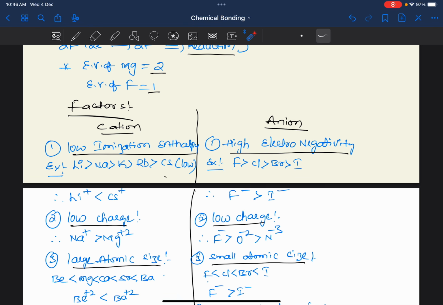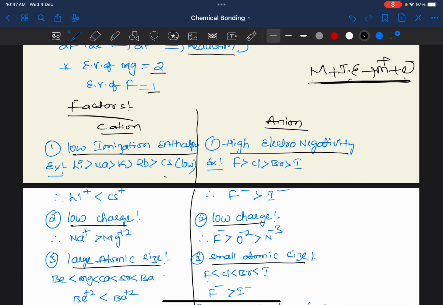Ionization enthalpy is the minimum amount of energy required to release an electron from a neutral gaseous atom. A neutral gaseous atom always loses its electron by absorbing energy.